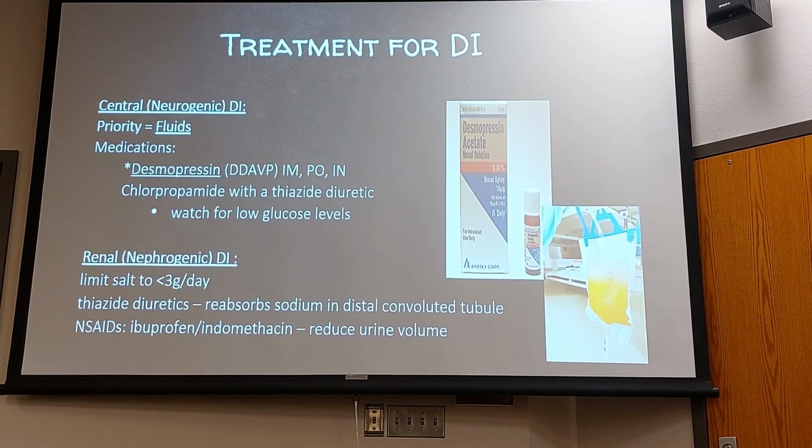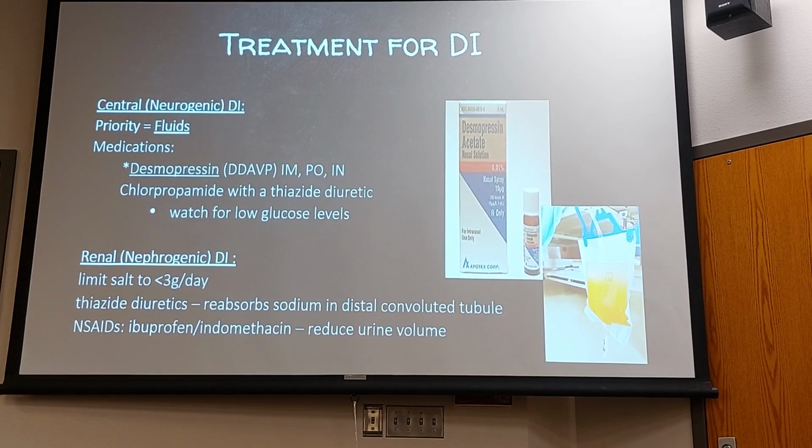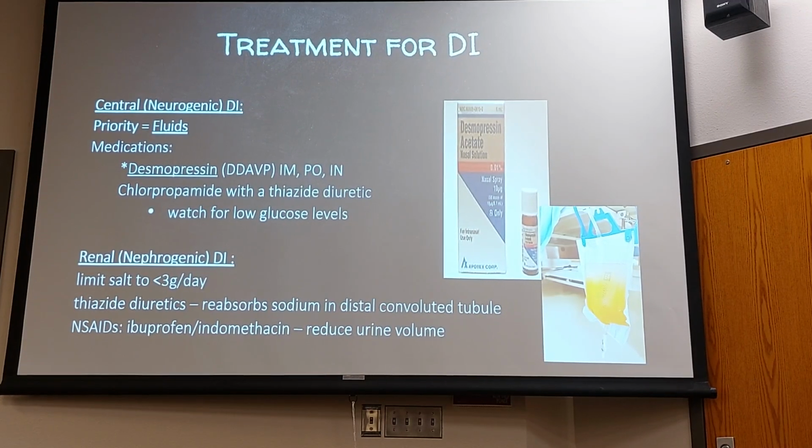So NSAIDs will help reduce that urine volume, so it slows down that loss. So that's just another effect that we can have by giving that. So sometimes they give a combination of different medications to help in more than one way to hold on to water, okay?